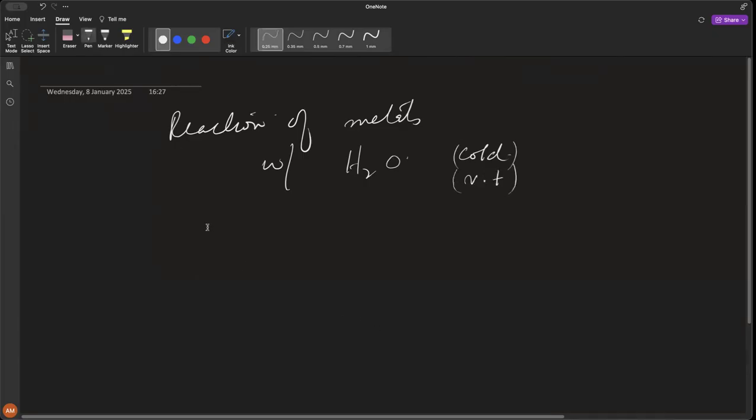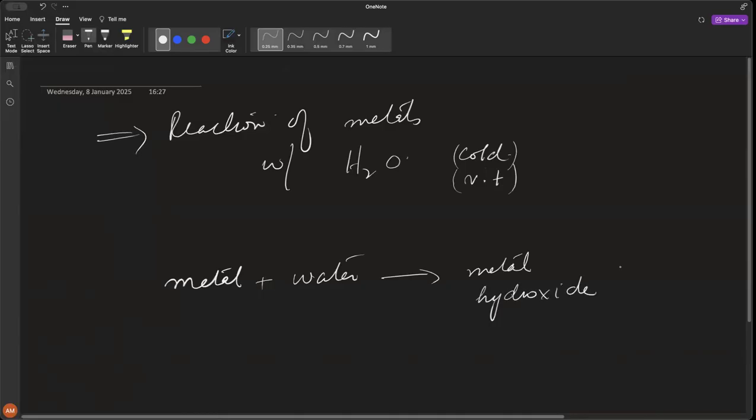You get it? So generally, what actually takes place? A metal that reacts with water, this is a general product, forms metal hydroxide and hydrogen gas.